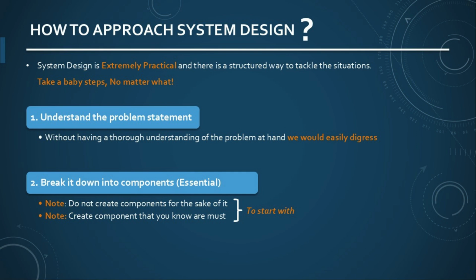Because when you're given a certain constraint and you live within that box, you will design a highly optimized system. And more often than not, if that system is highly optimized, be it 100 million, 200 million, or 1 billion, with some small changes here and there, you would be able to handle that scale. But it's very essential for you to limit yourself to the constraints that you have.